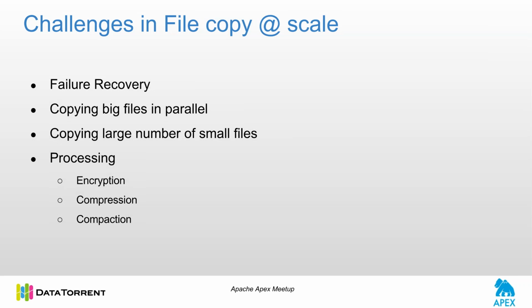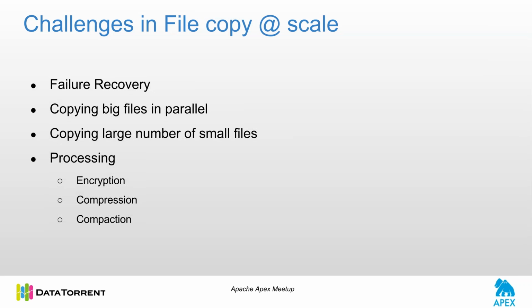The other challenge comes in when you have a very large number of small files. This typically happens when you have small files of a few KBs that you want to copy. If a job is spawned for each smaller file, the setup time for invoking the file copy will be a lot more than the time taken to actually copy the file.